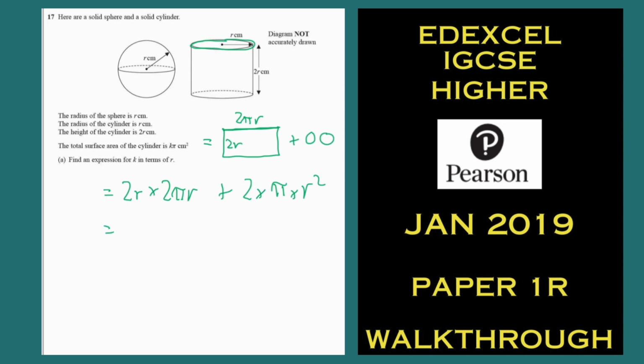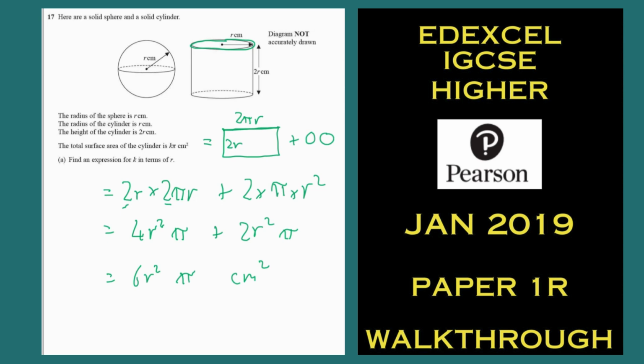What the heck have we got going on here? Well, that gives us 4 r squared pi plus 2 r squared pi, and it wants it in terms of r, and we can just simplify them together. There's 6r squared pi, and if you want to stick a centimetre squared, who cares?